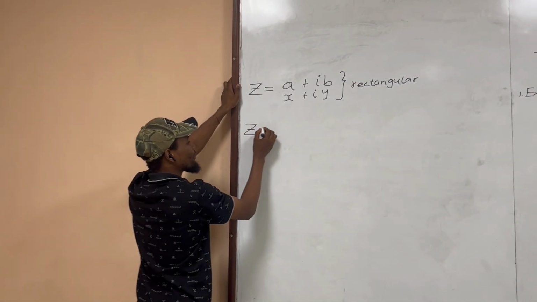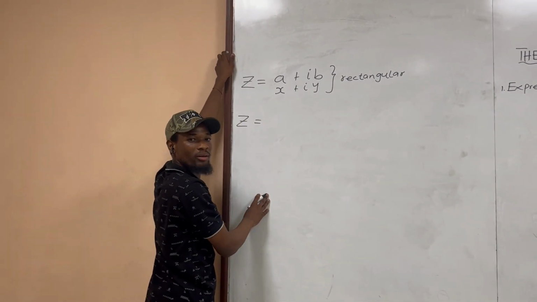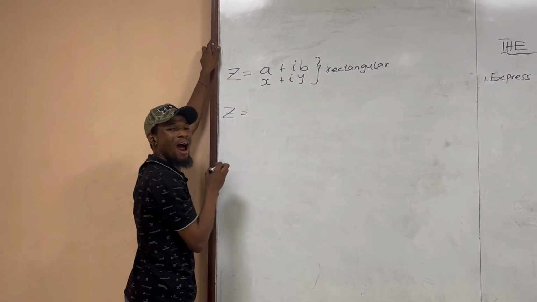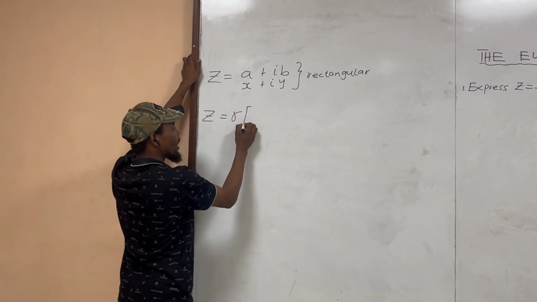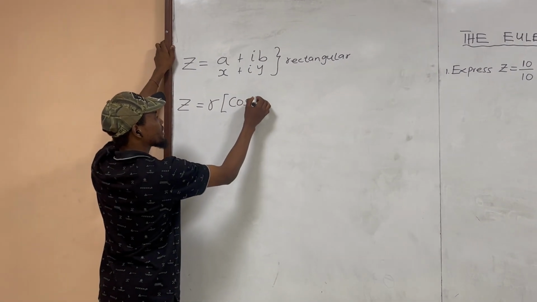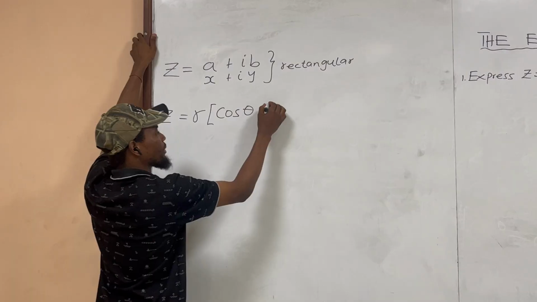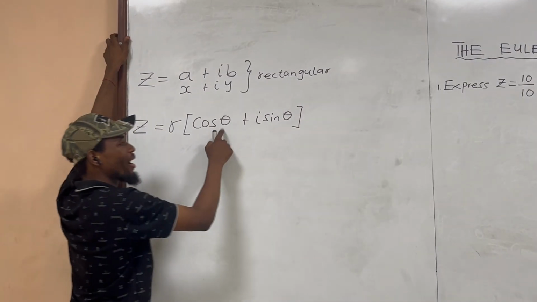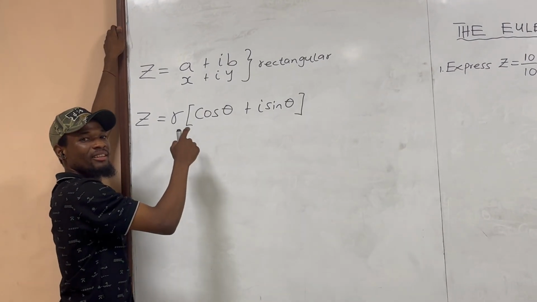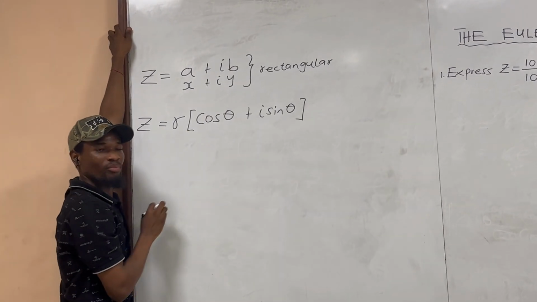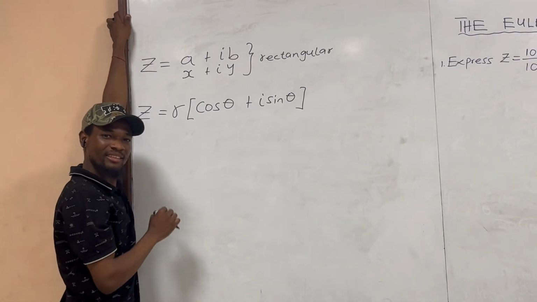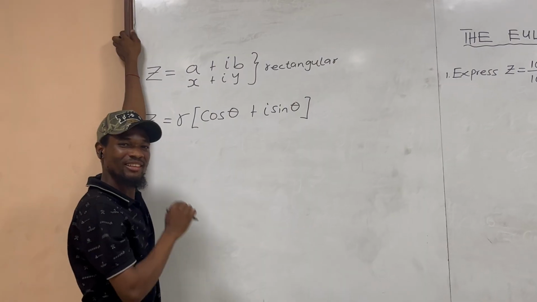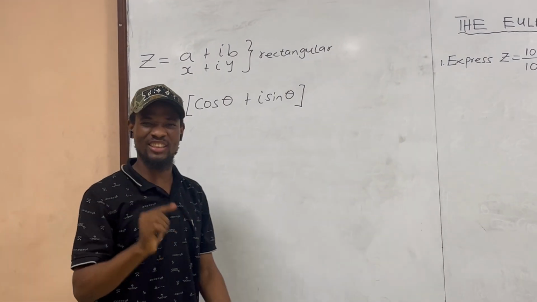And to represent complex number z in the polar or circular form, we have the modulus r multiplying cos theta plus i sin theta, where theta is the true angle, the argument, the amplitude.